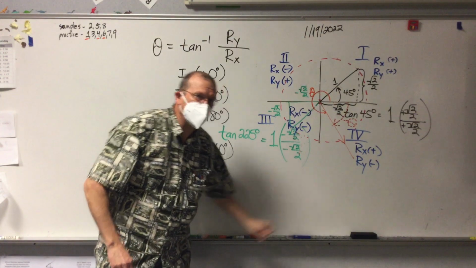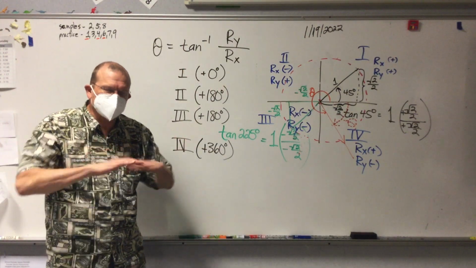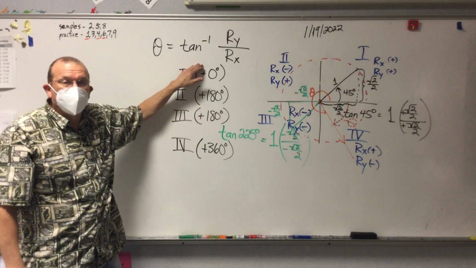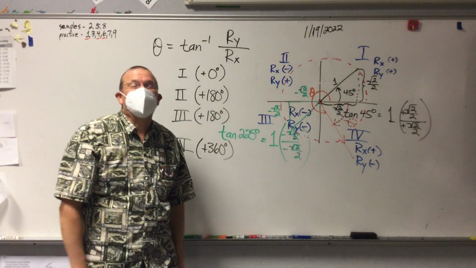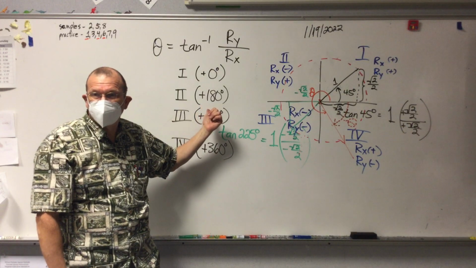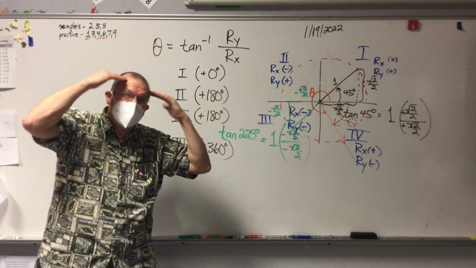Now, I will say that when you go to do straight up vector addition, this is the one place where people can go, oh, you got so much correct, and then you messed up at the end. This is probably the most frequently messed up step, because it's in your head.